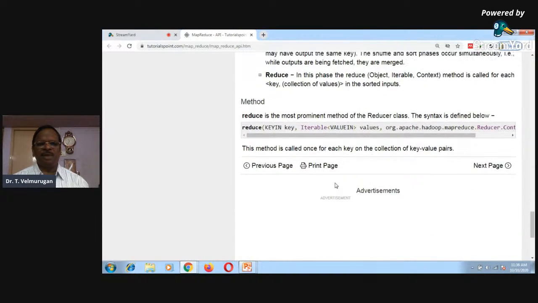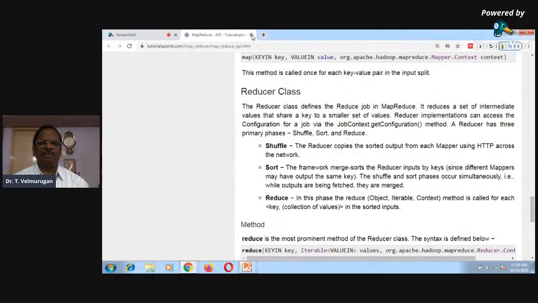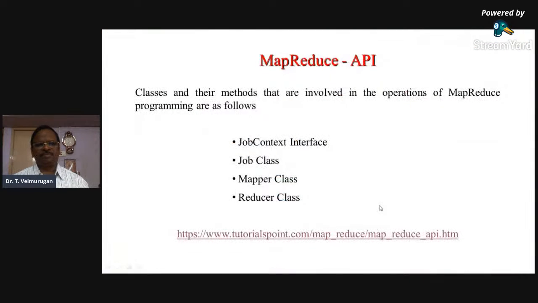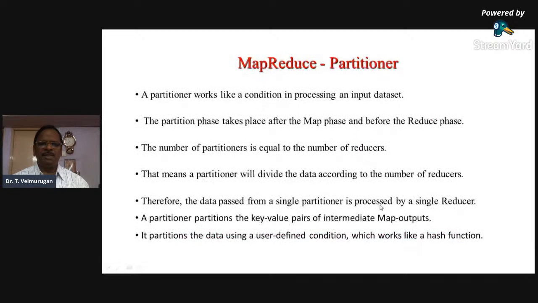In a simple manner, we can identify the functioning of the MapReduce API.